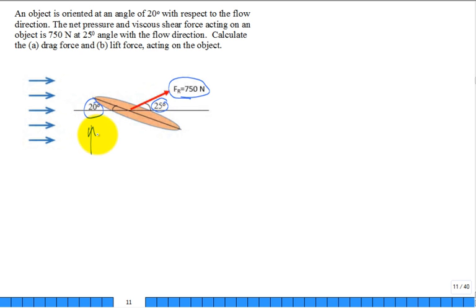One is between the flow and the axis of the object. The other is between the flow and the direction of the net resultant force on the object. See that? One of them is 20 degrees, one of them is 25 degrees. Calculate the drag force on this object and the lift force acting on the object. So you go ahead.